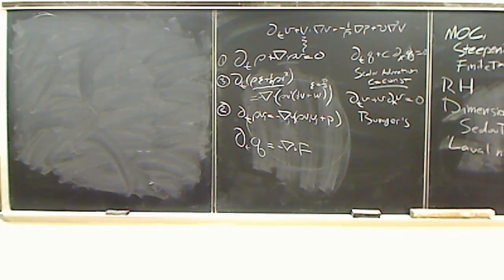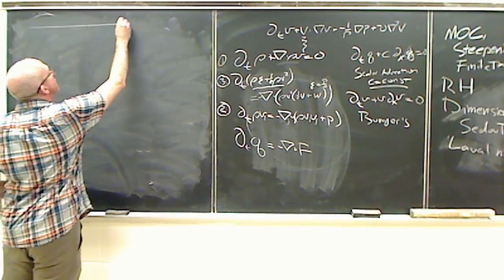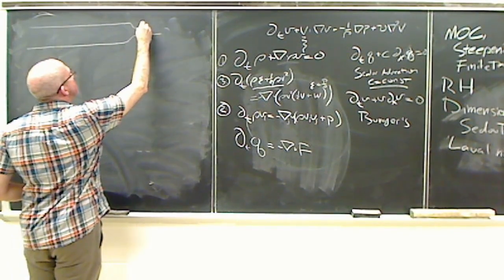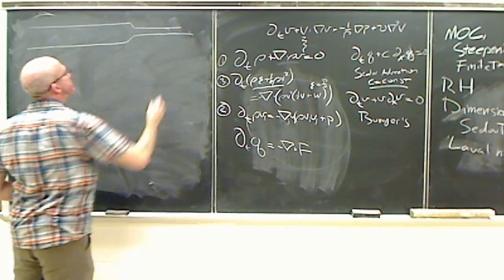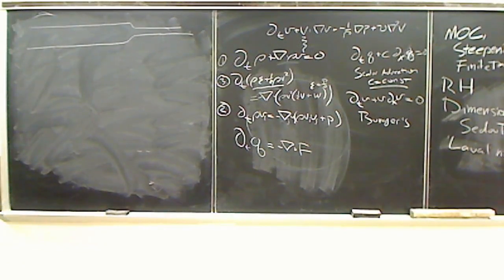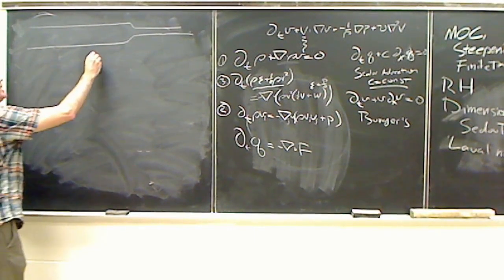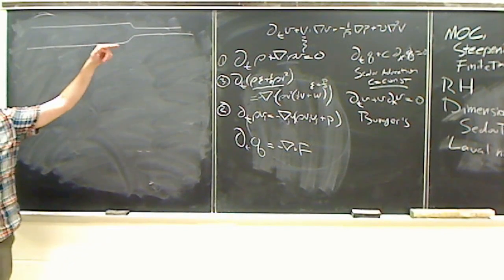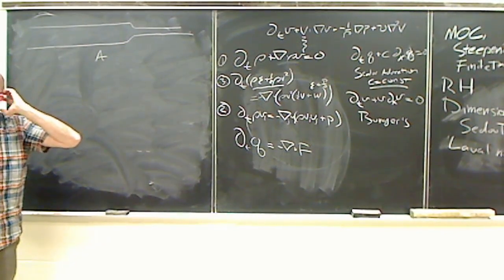So let us start off with one-dimensional flow. And let's say we're in a pipe. The pipe has some cross-sectional area A. So as you go down the pipe, the cross-sectional area A can change.